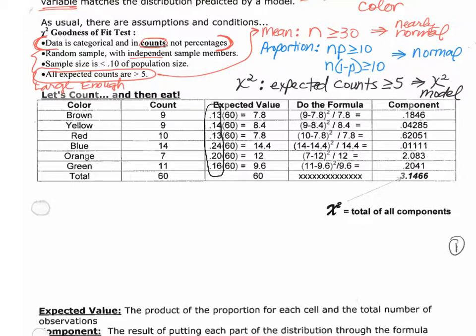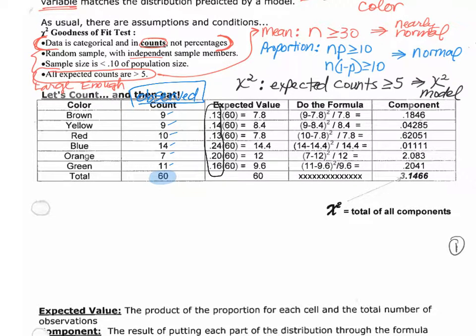A few years ago I got my M&Ms and I counted them. They totaled 60, and I figured out how many of each color there were. That's my counts, or you could also call that the observed data.